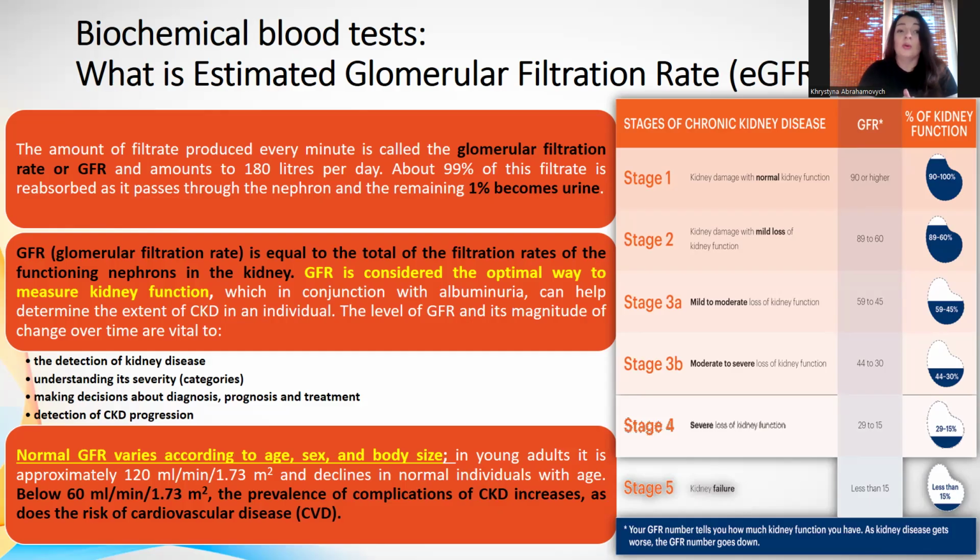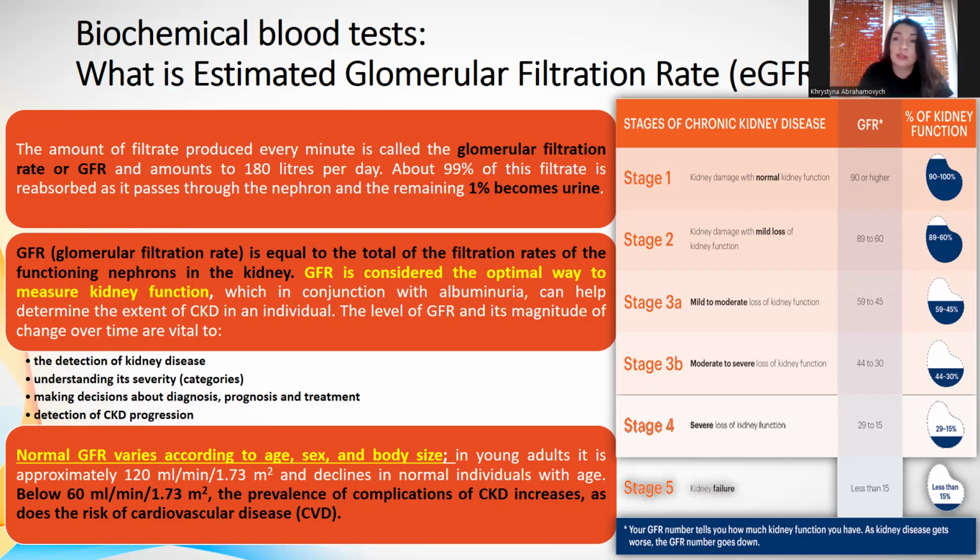So, when we talk about glomerular filtration rate, it is widely used, first of all, in detecting kidney disease, understanding its severity or progression of the problem, making decisions about diagnosis, prognosis, and treatment, and detecting chronic kidney disease progression. Normal glomerular filtration rate varies according to age, sex, and body size.